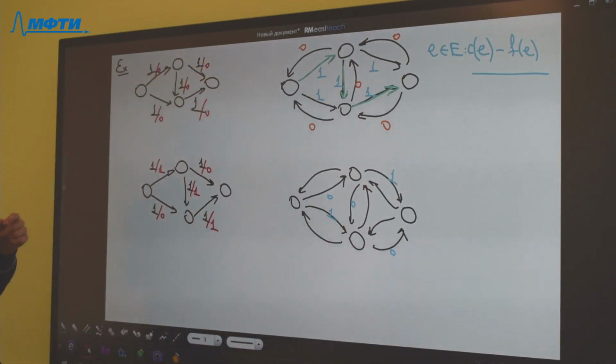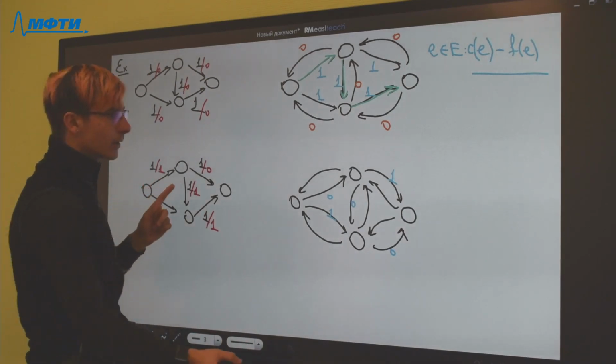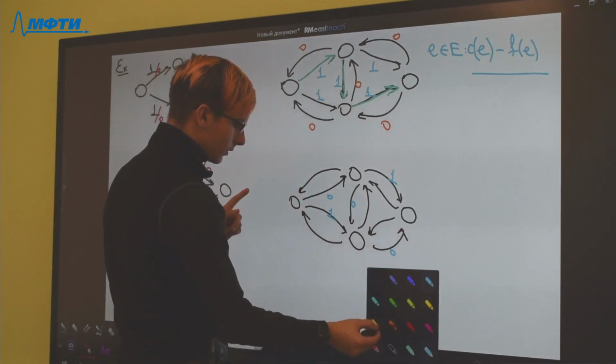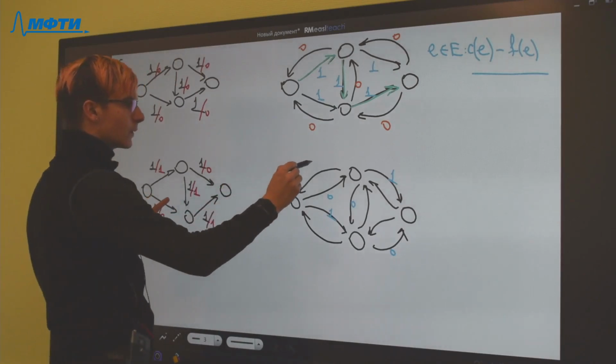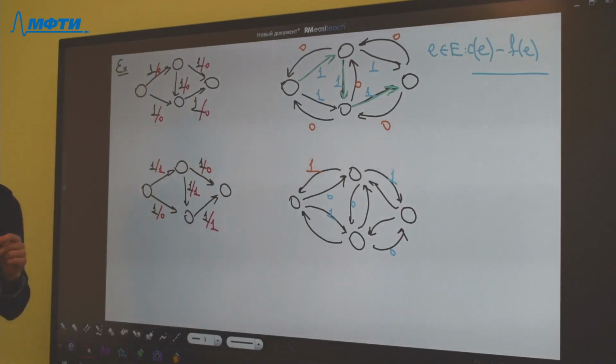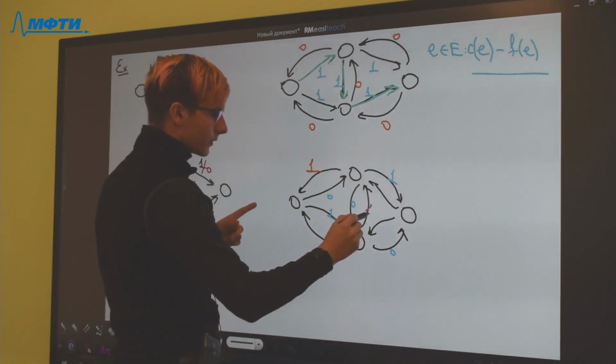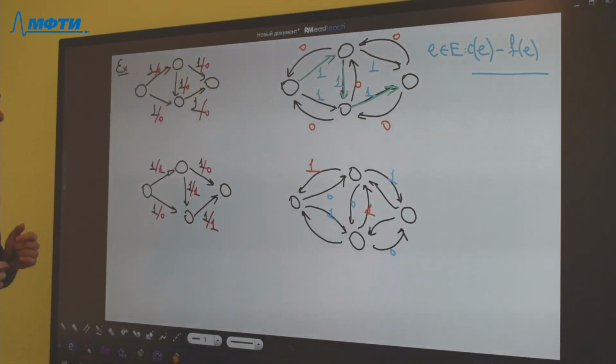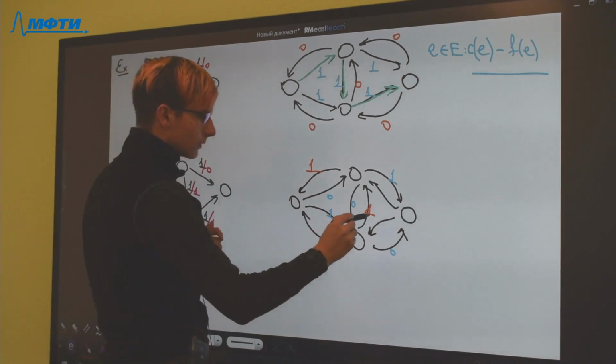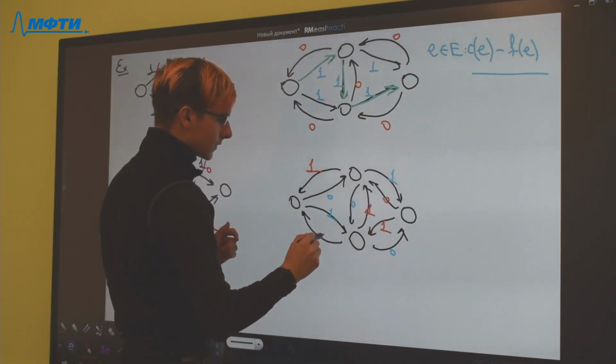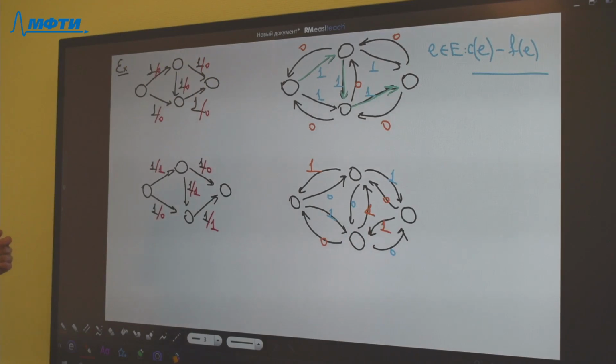But we have backward edges, and now we have 3 edges with capacities equal to 1. This backward edge has capacity equal to 1, this too, and this has capacity equal to 0.